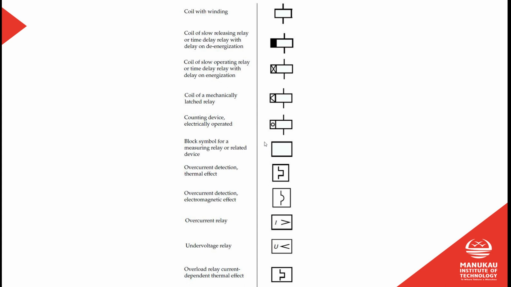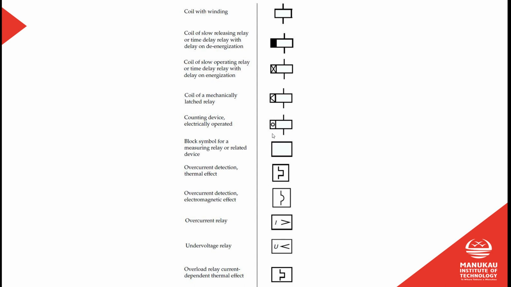Okay, we have symbols here for coils. When we're talking about coils, we're talking about the coil in a contactor. So when we power the coil on, it magnetizes and closes a switch or series of switches. We will talk more about contactors at some point, hopefully.